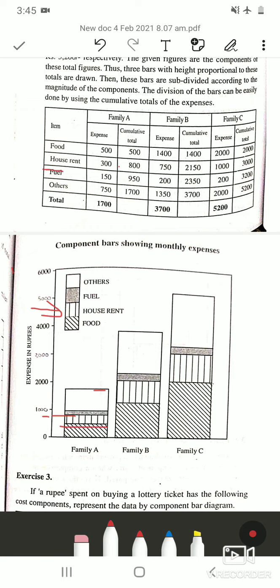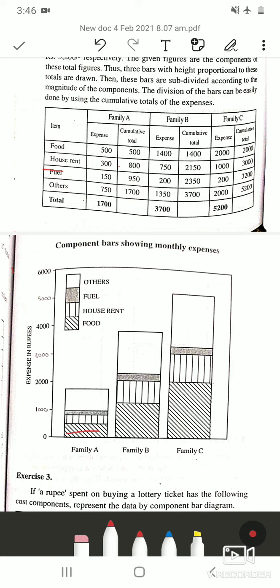The next one is fuel, which is at 950, which is somewhere below 1000, and the rest will be the others, which shows 1700 rupees, which is not shaded, and fuel is shaded with complete pencil shading. So whatever shading you're drawing for one family, for each component, the same should be done for the remaining families also.